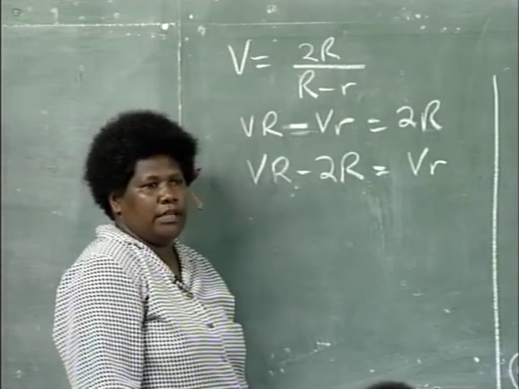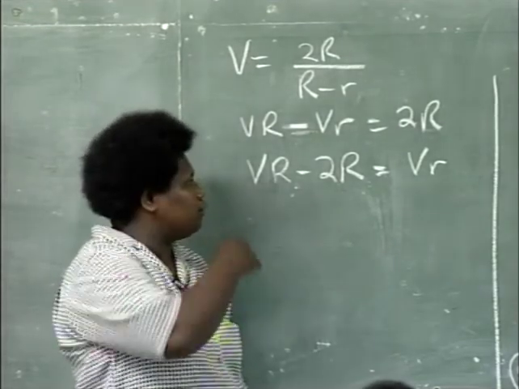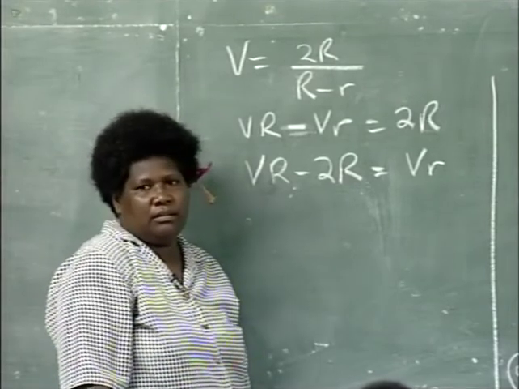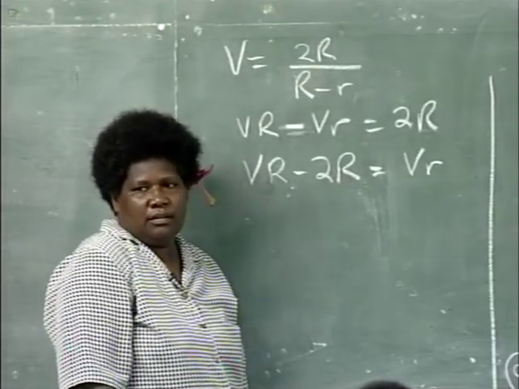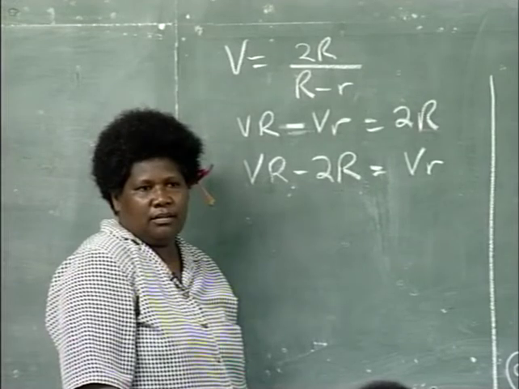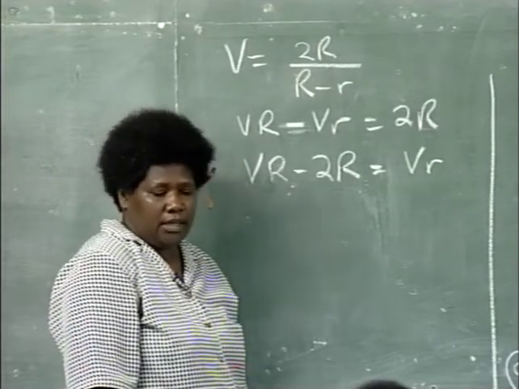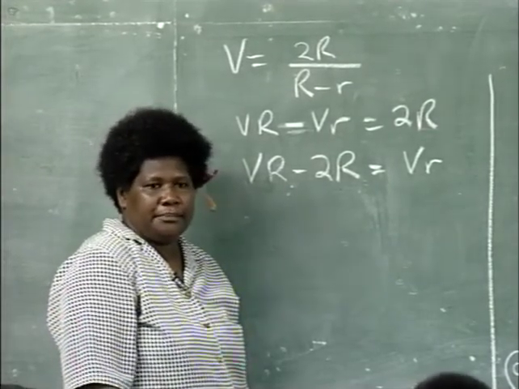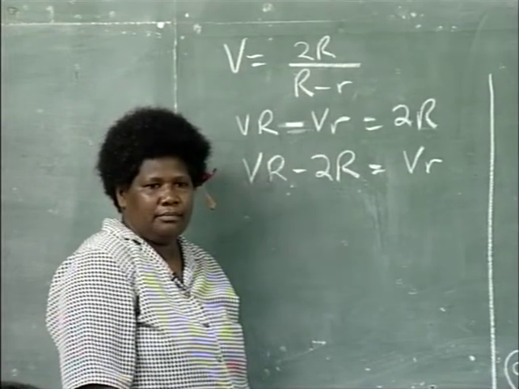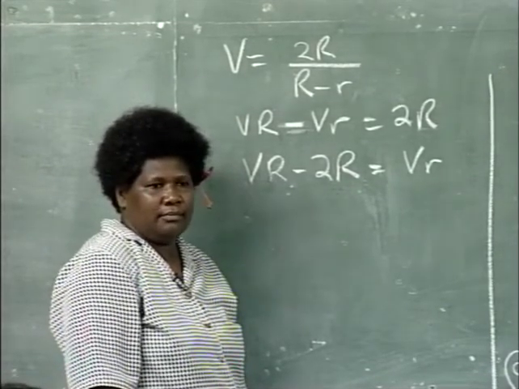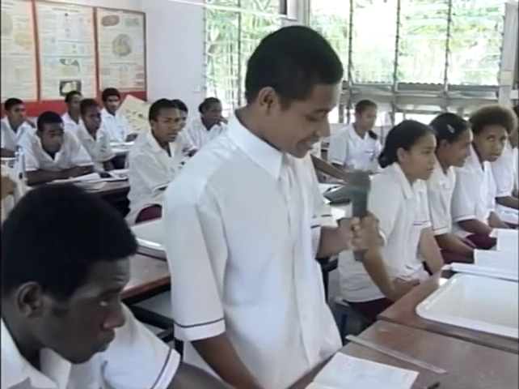What can I do so that I have one r only and not two separate ones? We say it loud so everyone can hear. Factorize.